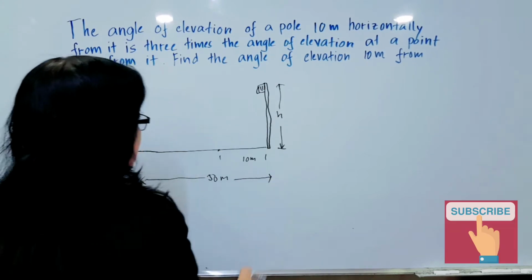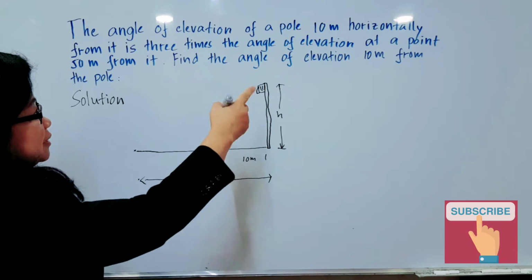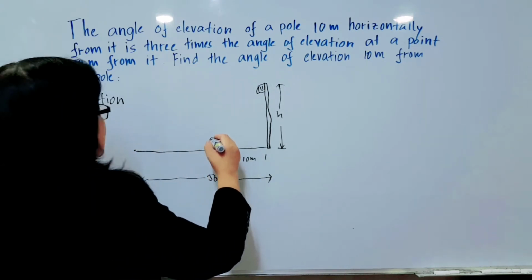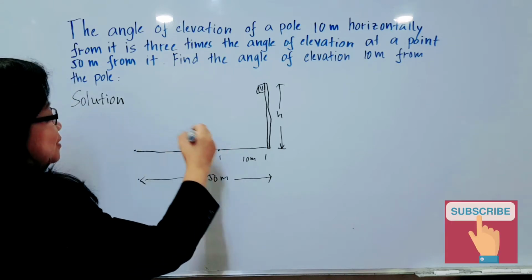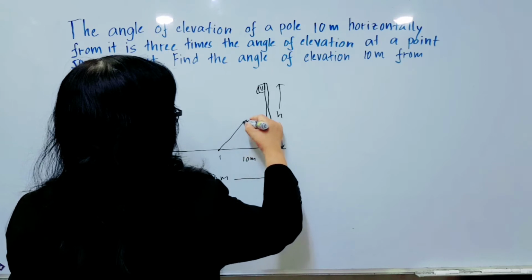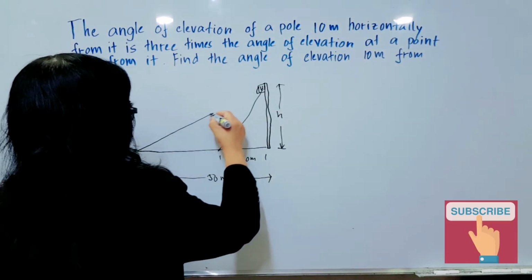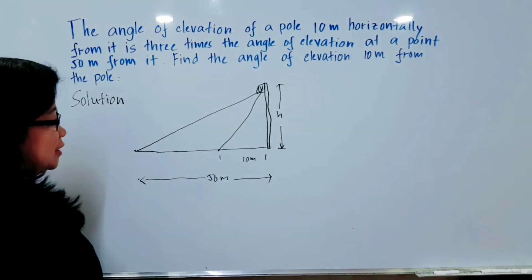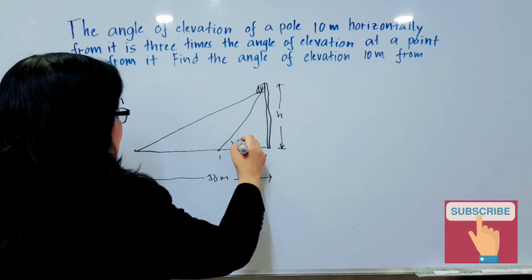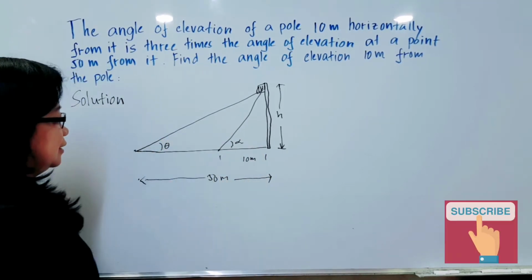50 meters till this side. So, it said here that the angle of elevation of a pole 10 meters horizontally from it is 3 times the angle of elevation at the point 50 meters from it. So, for example, this is the angle of elevation and the other one is this. We designate this one as alpha and this one is theta.